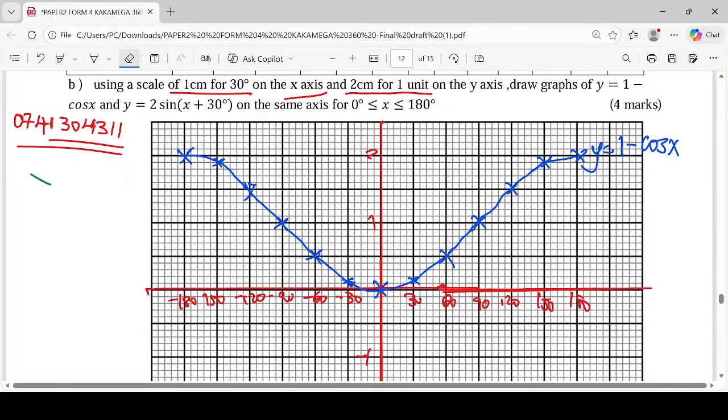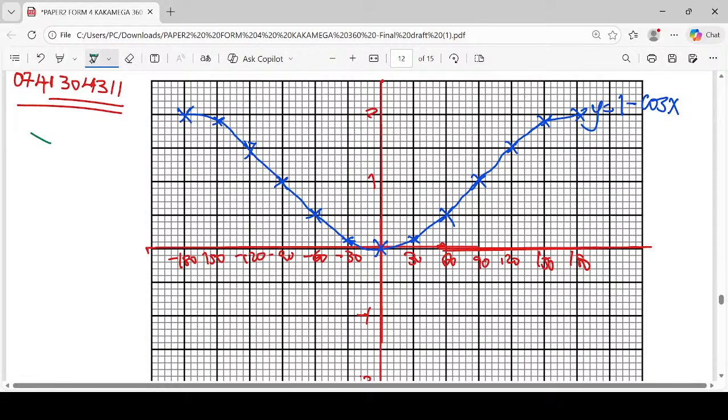Negative 1 is here, down. Negative 150, negative 1.73. That's just like saying 1.7.